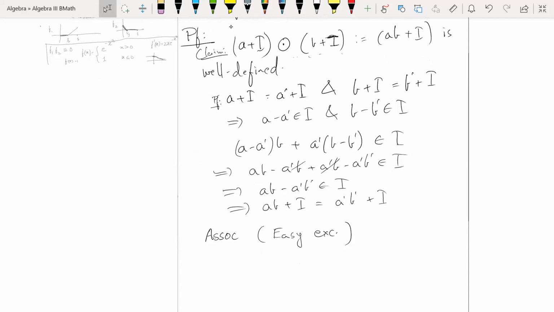And for distributivity, maybe we will check. They all boil down to a property in the ring. So let's just check one distributive law. The distributive axiom: A plus I dot, B plus I plus C plus I. Somewhat mixing notation is there, but it's okay.